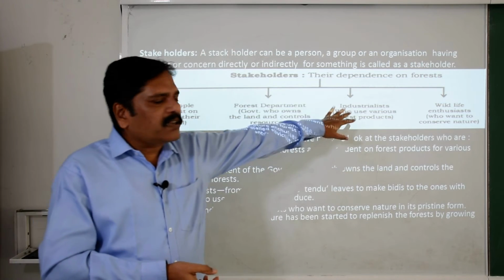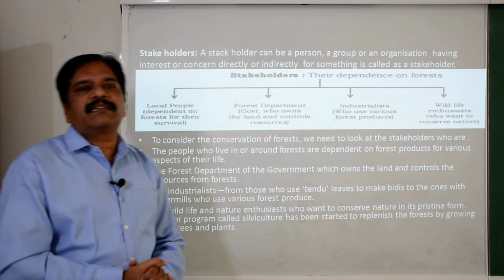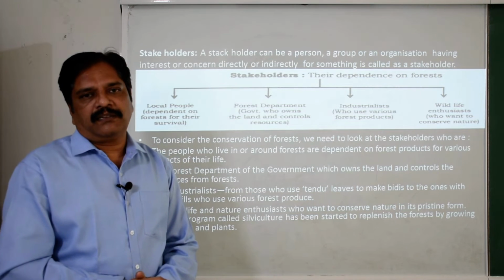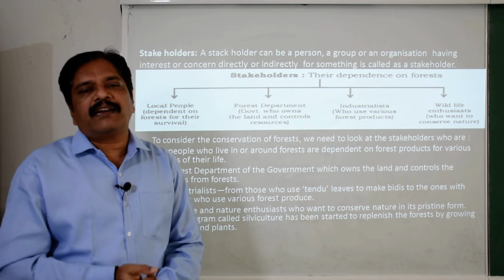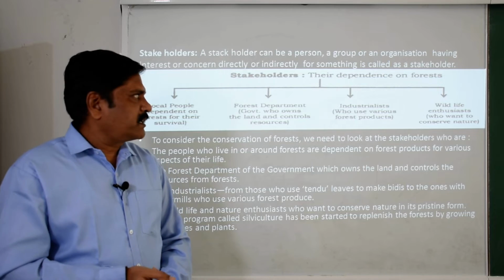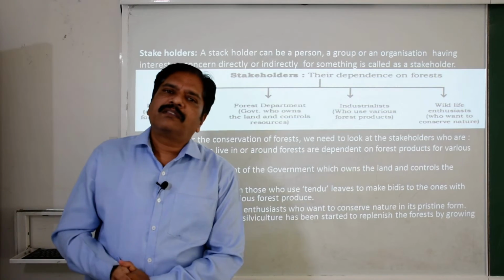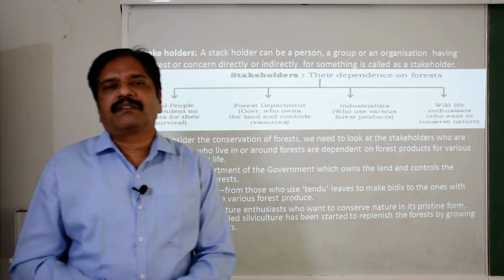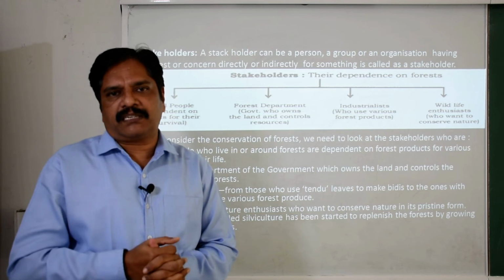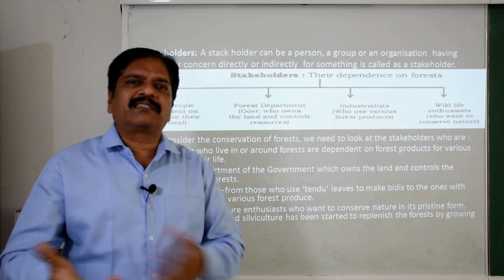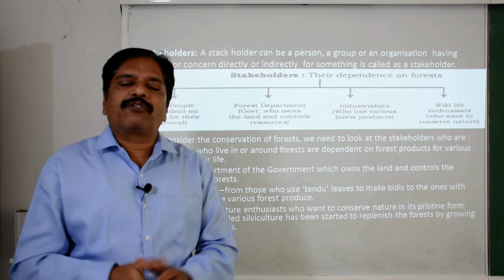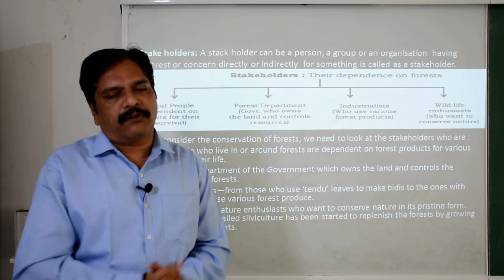The third stakeholders are the industrialists, or the industries, which directly or indirectly depend on forest products. Just like that, you know the paper industry, the beedi industry. You know tendupatta, what is the source of tendupatta? Only this forest.